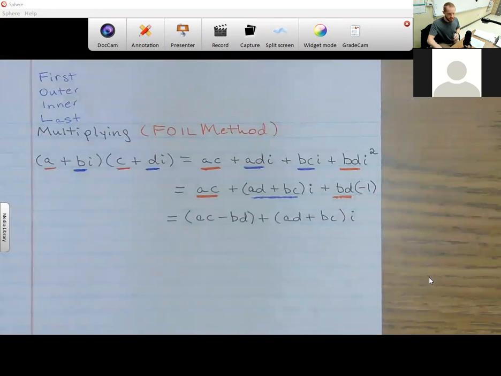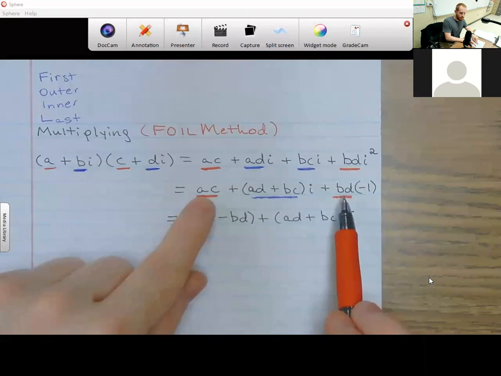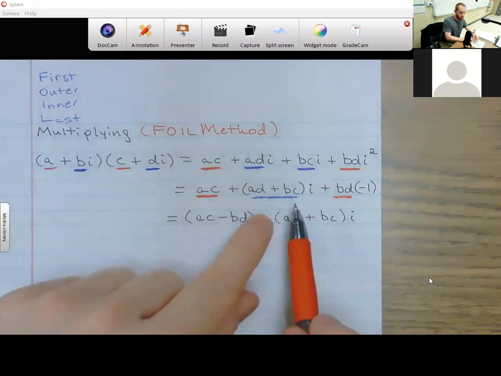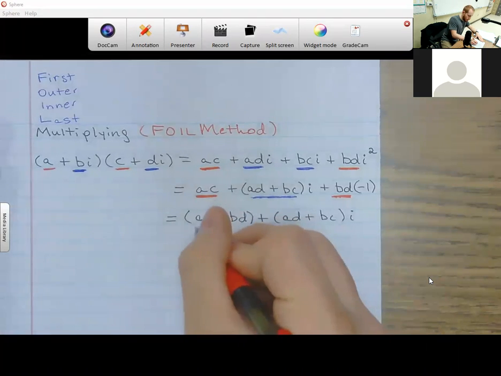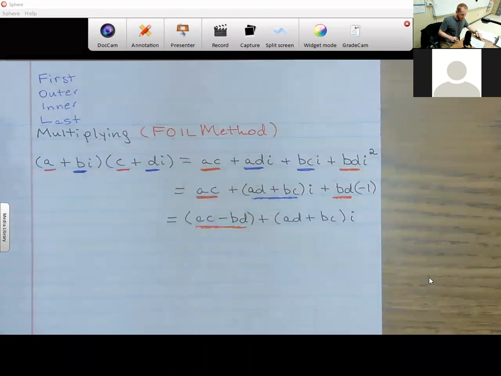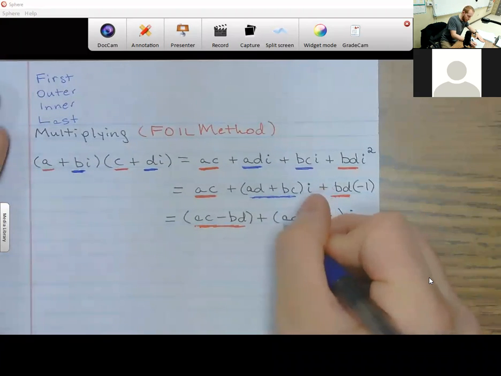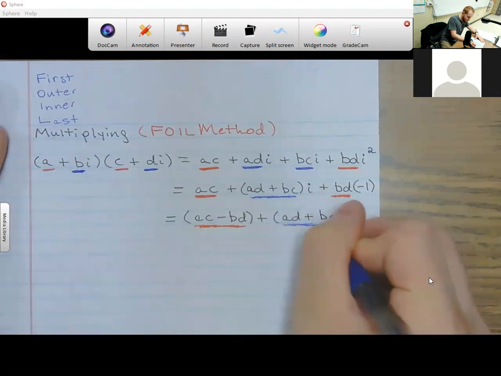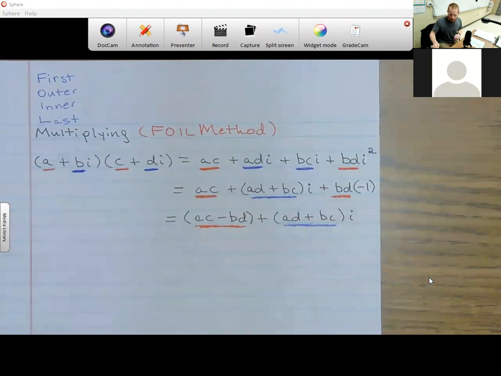So now can you see how the real parts come together? The real parts are actually at the ends, but the imaginary parts, they meet in the middle. So this whole thing is going to be my real part. And then whatever's attached to the I, that's obviously going to be the imaginary part, right? So I'm going to give this a blue. So let's see that in action.